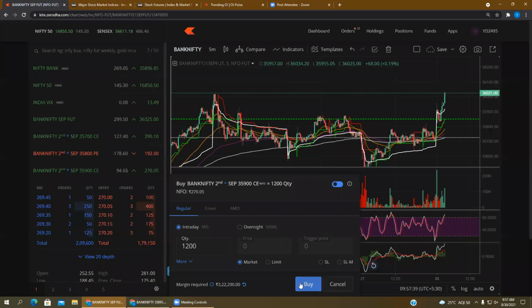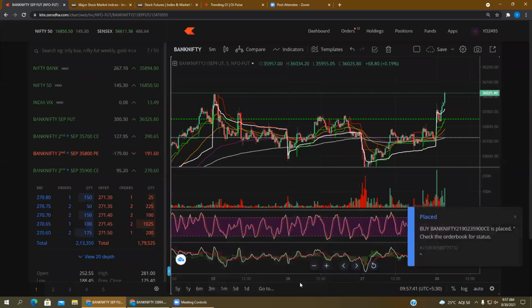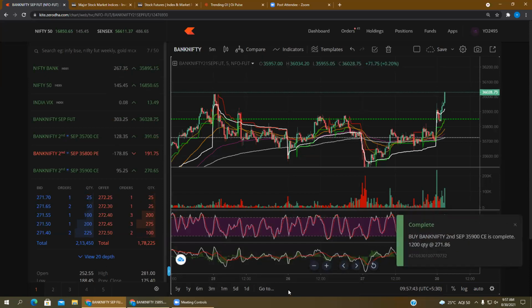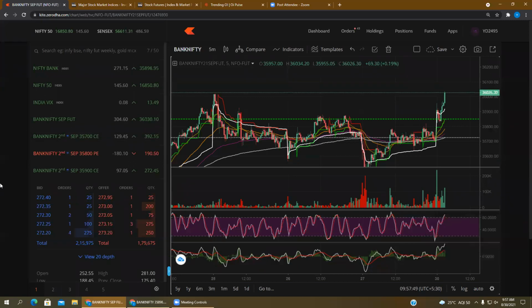Okay. I did more at 271. So bought it at 271, 273. Now let's see if we can get a trending move on Bank Nifty.